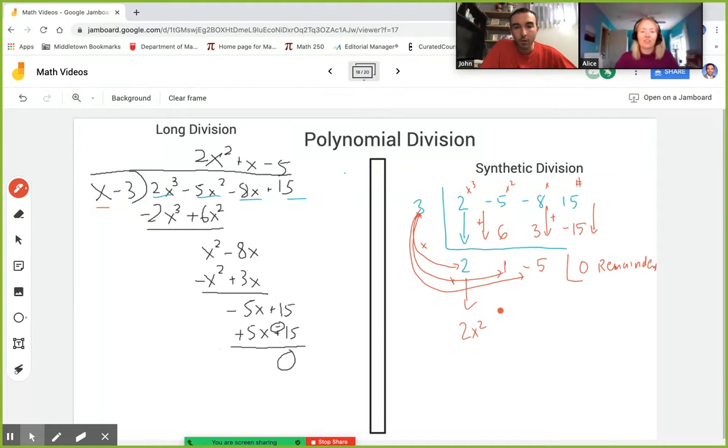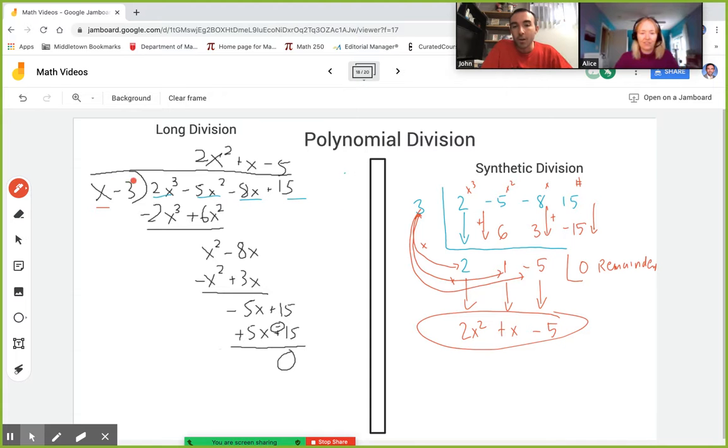This 1 really means 1x. And this -5 really is now just a constant. And the reason why we lose 1 is because we just divided by x minus 3. Even though we didn't write out all of the letters, behind the scenes, we divided by an x. So we lost an x off of each term. So my final answer is 2x squared plus x minus 5.